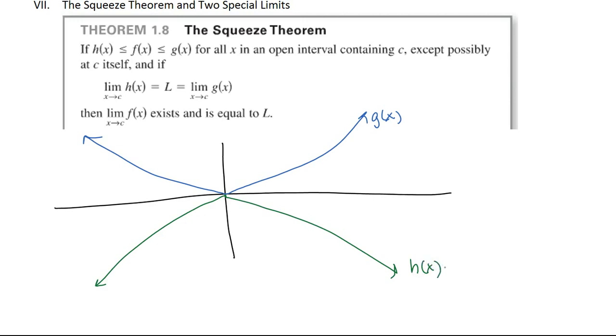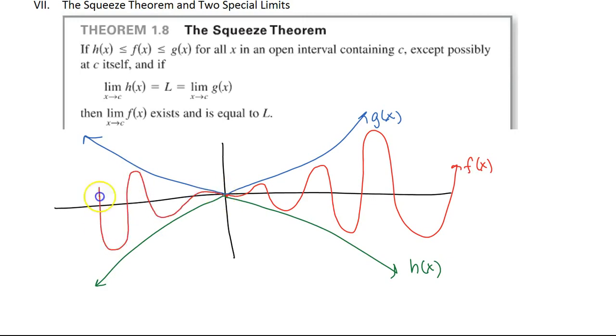And those are kind of my upper and lower bounds if you want to think of them that way. Let's say that we have a function f of x, and we don't know exactly what it looks like, but we do know that for the entire domain of the function, f of x is between those two functions g and h, like so.